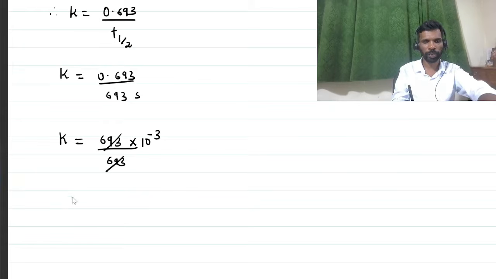This and this will get cancelled, and for the units of K, this second is in the denominator, so it will come on top in the numerator. So what will be the units? Units of the rate constant will be per second, right? This is the unit of the rate constant of the first order reaction.